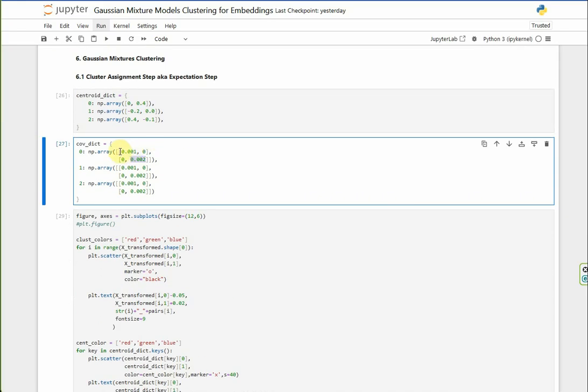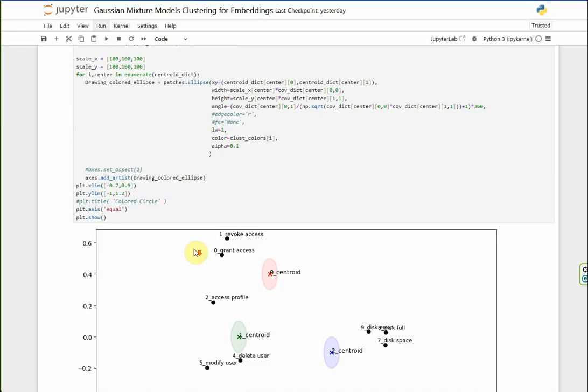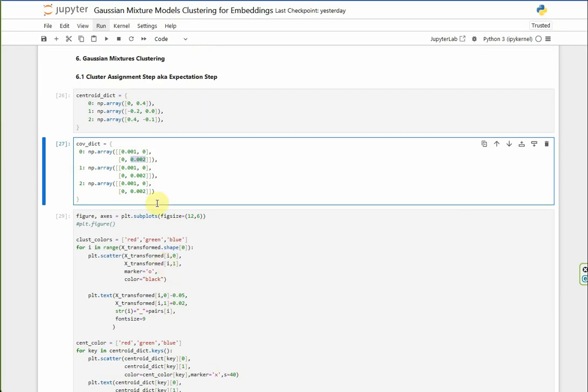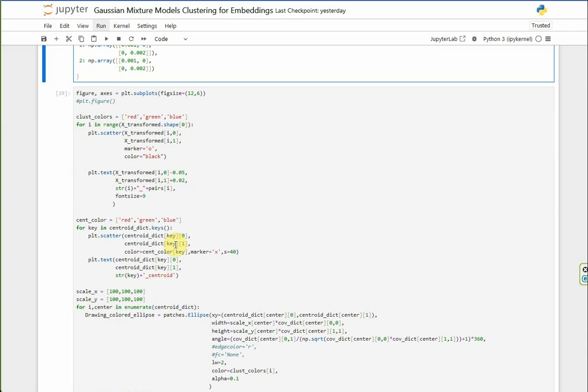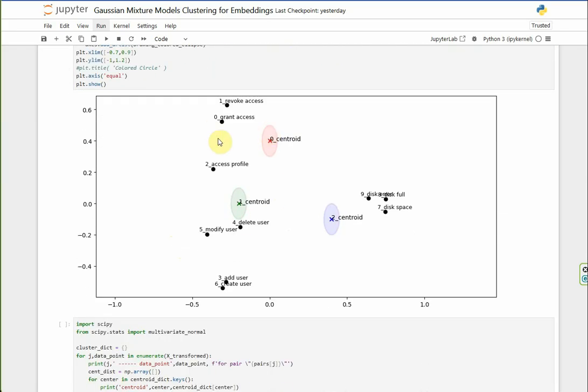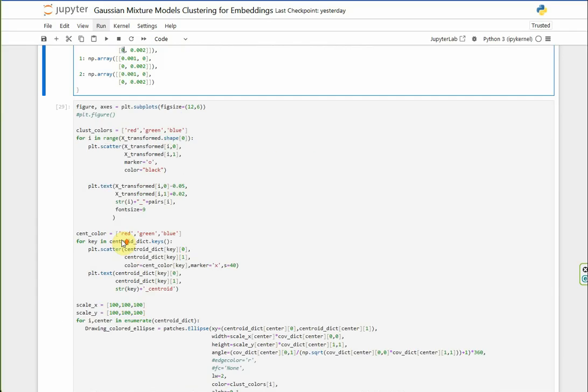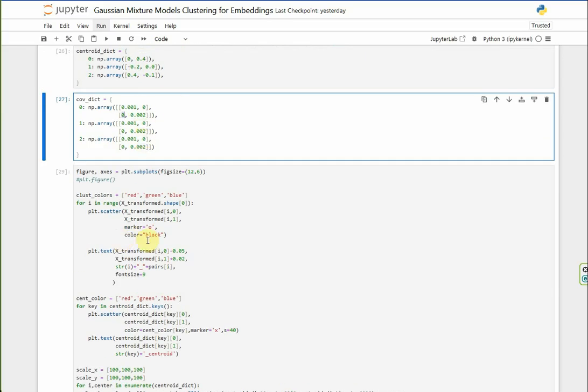The second observation is that these elliptical shapes should be extended along the y-axis. The third observation is that, since our covariance between the dimensions is 0, there should be no tilt for these elliptical forms. And one more final observation is that, since the variances are very, very small, we will not be able to use them directly to visualize.